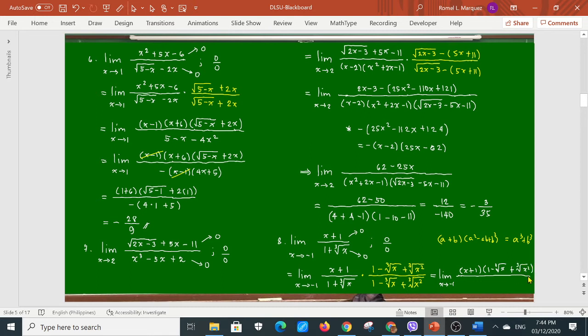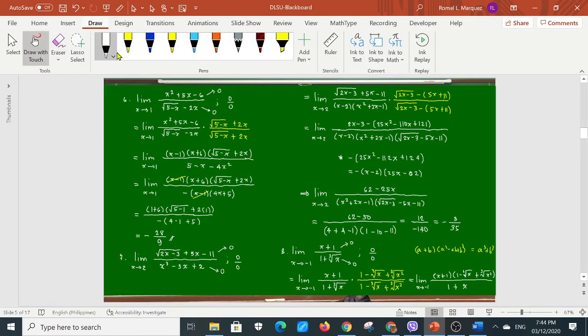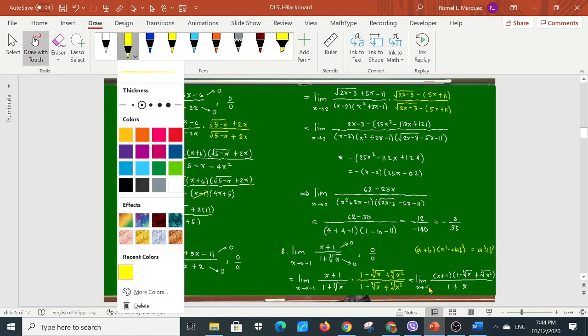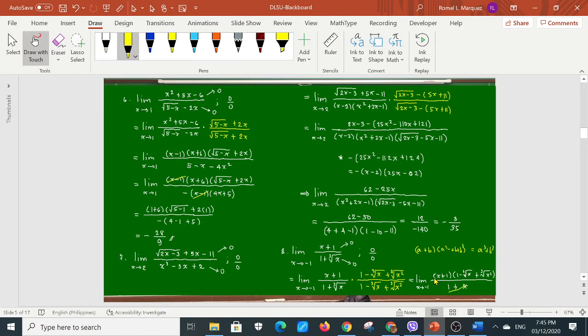In the denominator, a plus b times a squared minus ab plus b squared. What's the product? Cube the first plus the cube of the second, because the product is a cubed plus b cubed. So, cube the second: x. Okay now, guys? I can now cancel the common factor. Bye-bye 1 plus x, that is equal to x plus 1. So, I can cancel that. Is that clear, children?